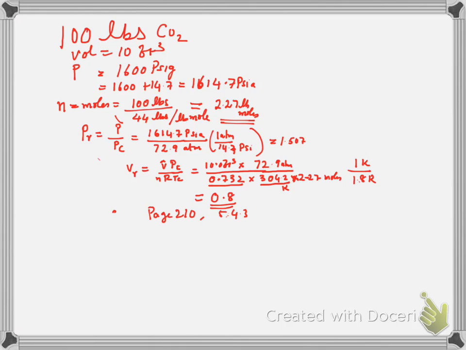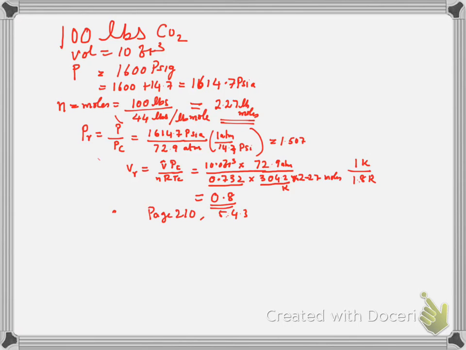All right, which is 5, 4, 3. By looking at this, you can see there is VR, ideal, dotted lines there, right? You see that? And also you have reduced pressure at the bottom. So reduced pressure on the x-axis, we have to look for 1.5, all right?